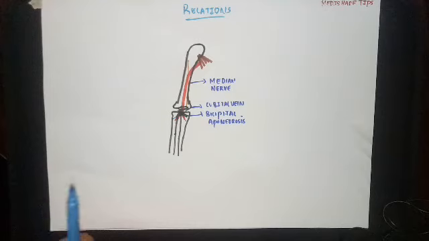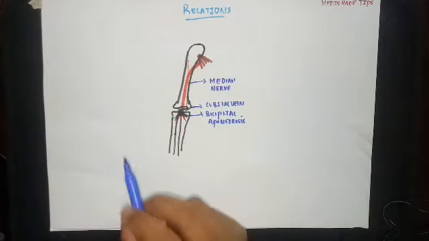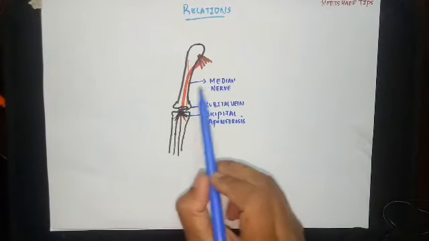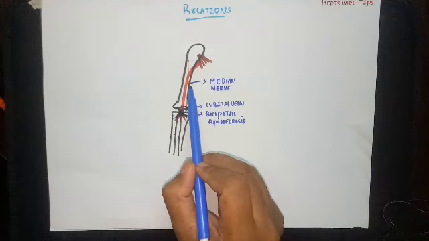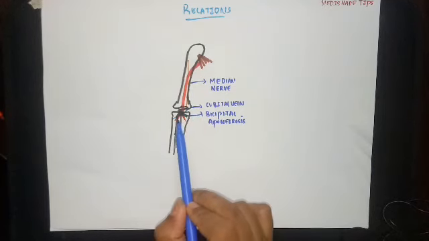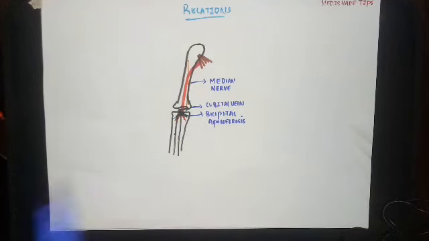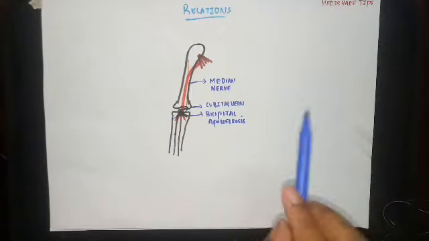The structures crossing the artery will form the anterior relations of the artery. So which structures are anterior to the artery? That is the median nerve in the middle of the arm, the bicipital aponeurosis and the cubital vein in the cubital fossa.